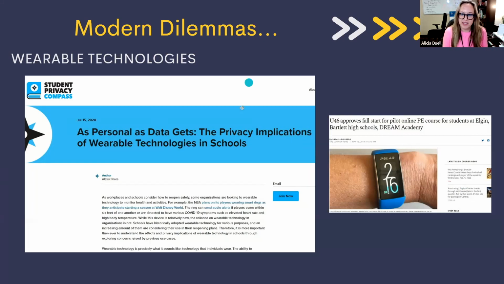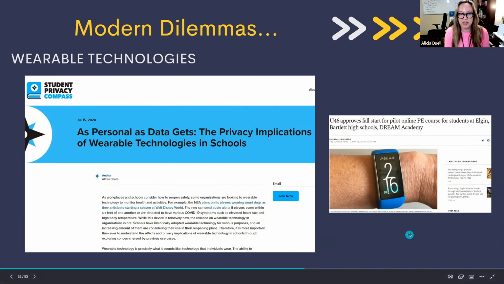Again, this is another Future of Privacy Forum post about wearable technologies. These are all things that we're seeing, and it's very exciting to get all this cool technology into schools, but it is important to stop and think, okay, what are the privacy implications of this? This is different than anything we've had before. So I think we need to think about it differently and talk about it differently.